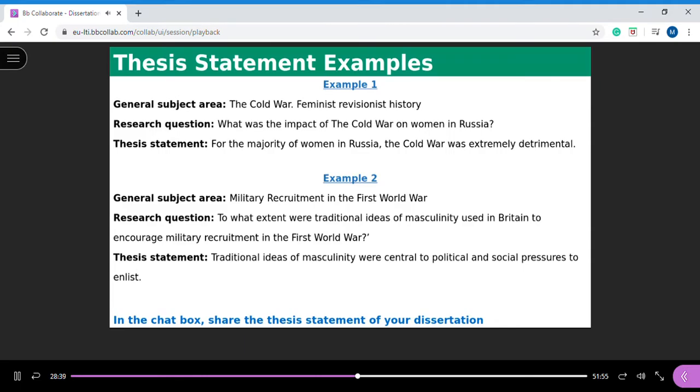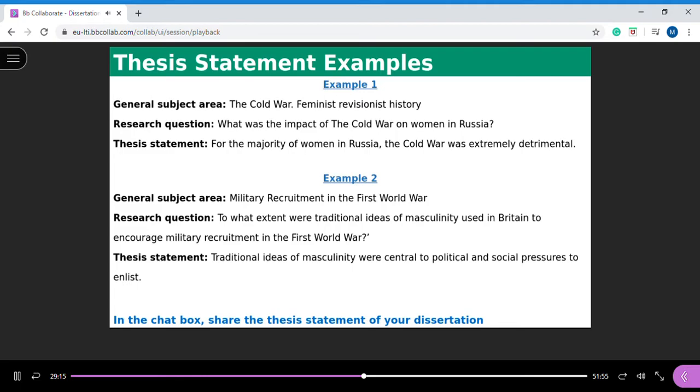You can see it again from the second example. If your general subject area was military recruitment in the First World War, and you refine that to a more specific research question, to what extent were traditional ideas of masculinity used in Britain, notice the parameters here, to encourage military recruitment in the First World War, then your argument in response to your research question could be this: traditional ideas of masculinity were central to political and social pressures to enlist.